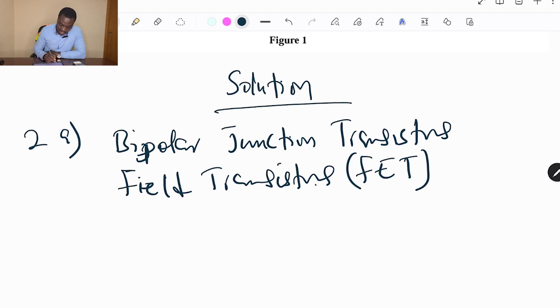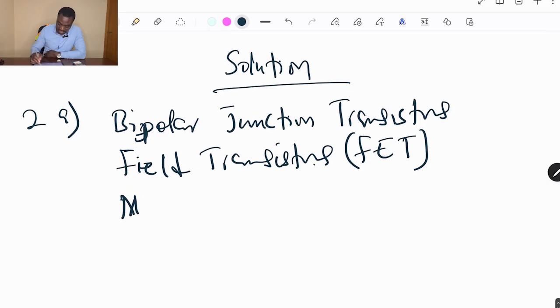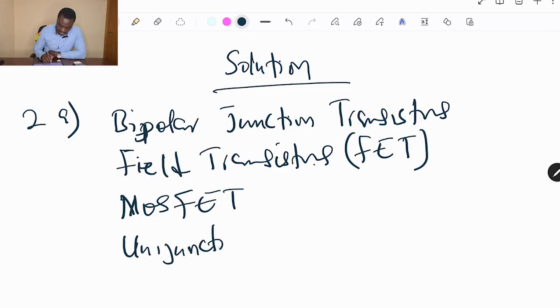Then we have MOSFET. Then we have uni-junction transistors. So these are the 4 types of transistors that we have.